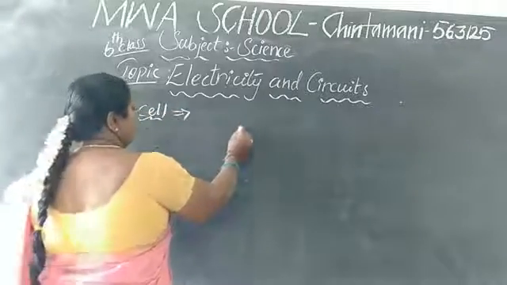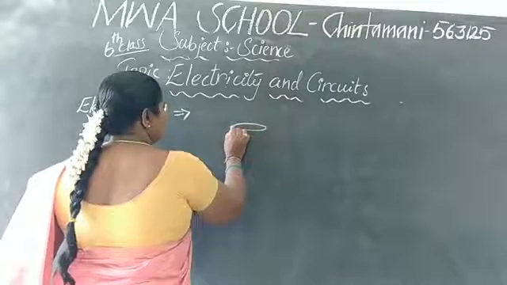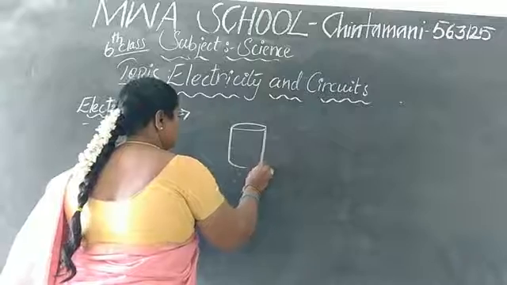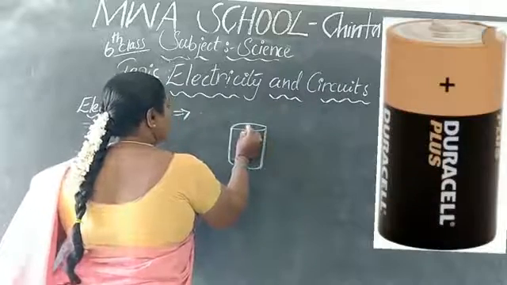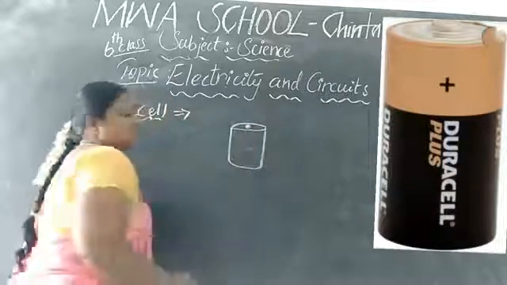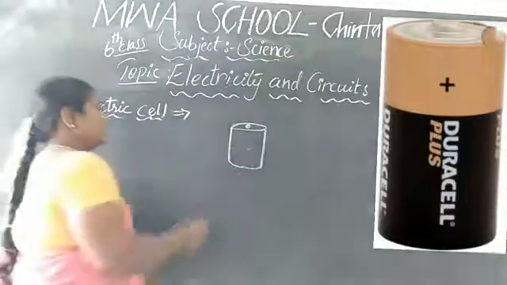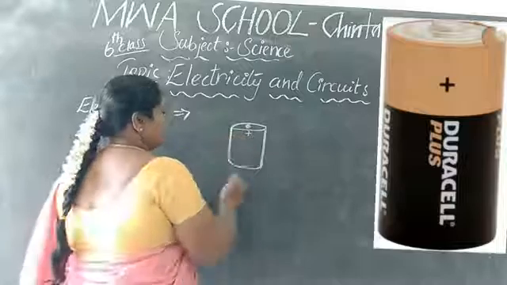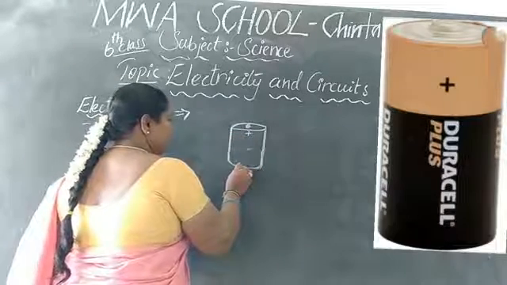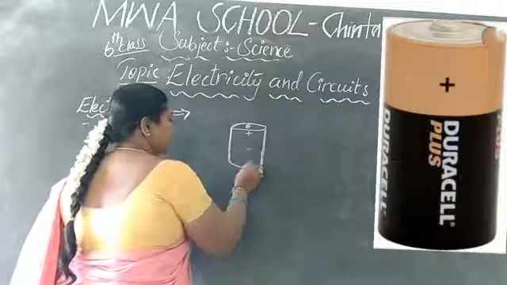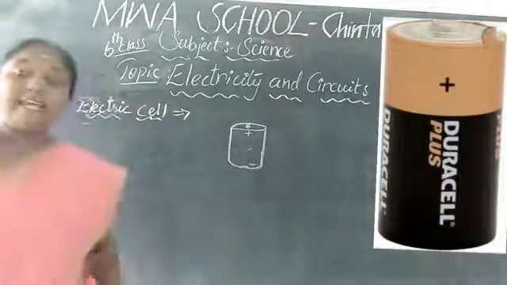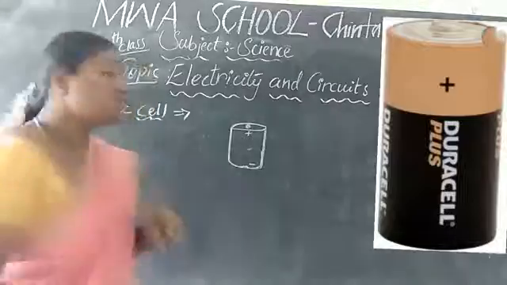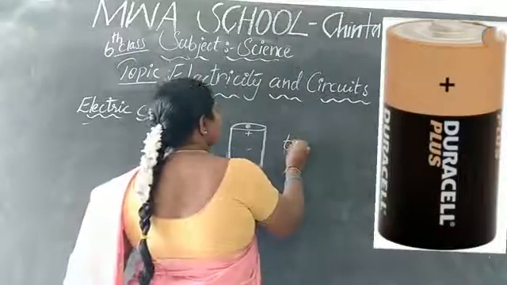The outside is covered with metal and on top you can see like this. This top is denoted as the positive and the bottom one is denoted as the negative. That means an electric cell has two terminals.